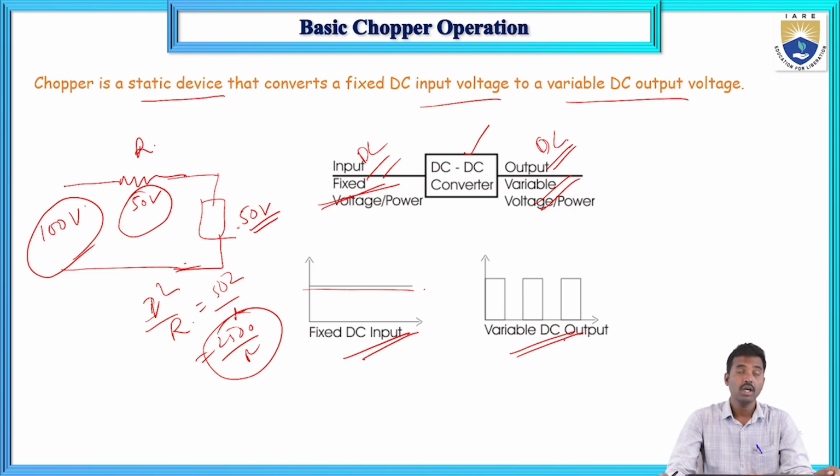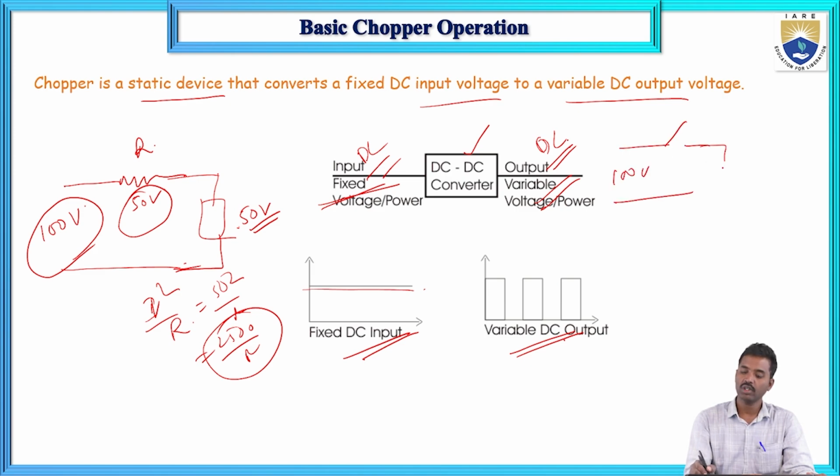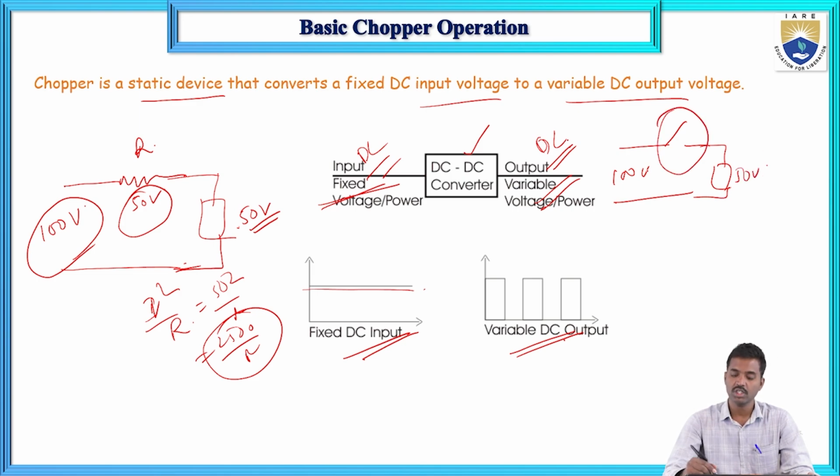Another way of reducing the voltage is by using a switch. Here the input is 100 volts and the load gets 50 volts. By inserting one switch between the input and output, the switch is turned on for some duration T on.